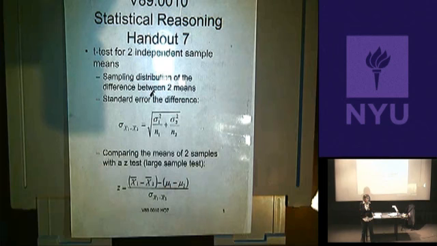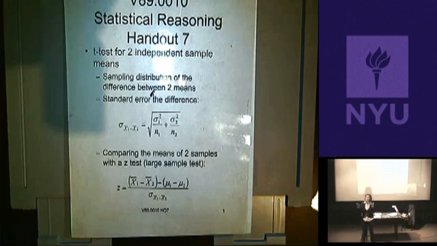Okay? What was the standard deviation of a sampling distribution called? Yeah, the standard error. Well, now I'm going to need the same thing for this sampling distribution, but it's going to be called the standard error of the difference between the means.